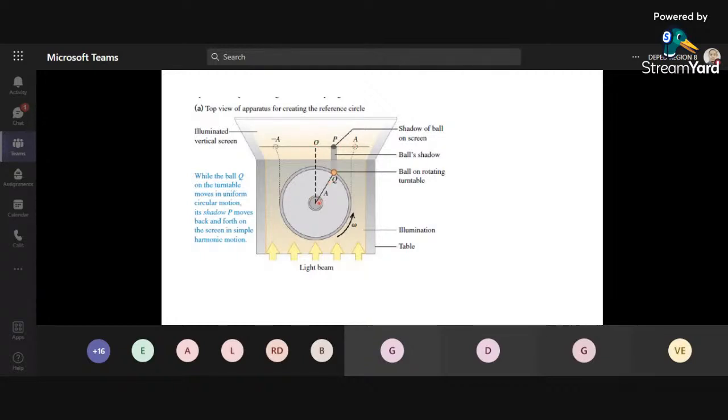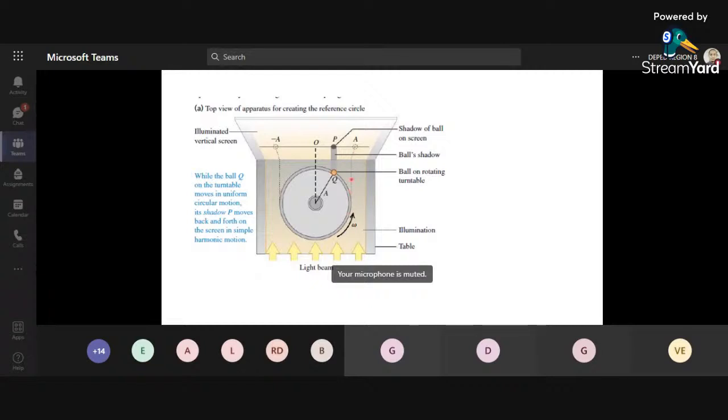So as Q rotates, let us say, for example, Q is at this point. Here is its maximum displacement if we compare this to a spring mass system.